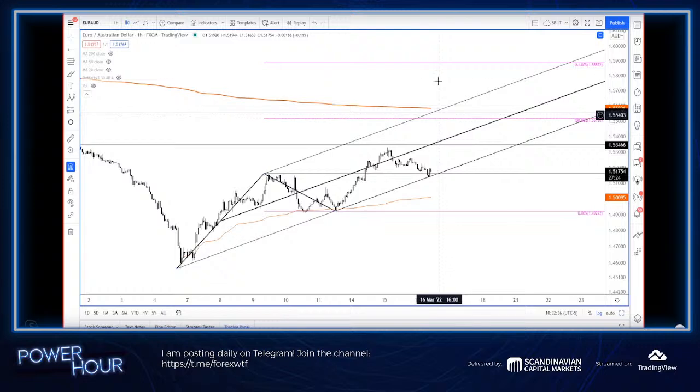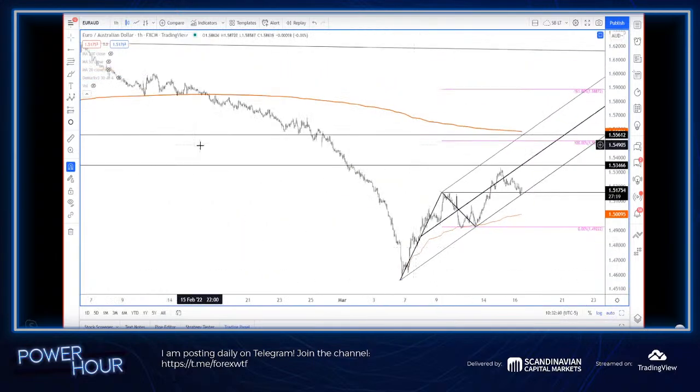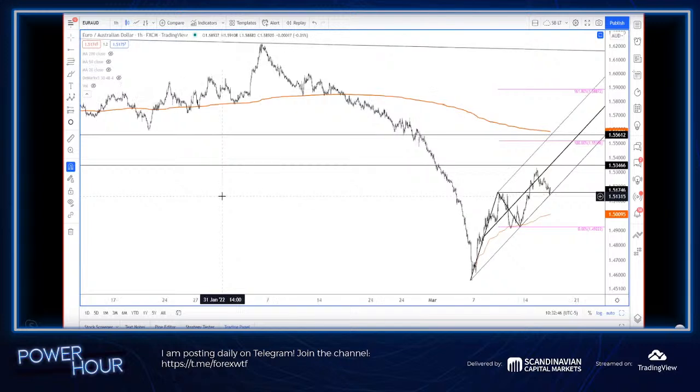I don't know, just an interesting spot. Me personally, I kind of stick with dollar crosses and play my opinion or view on those. And if I end up in a cross trade, like say I were long euros and short Aussie, then I am synthetically long euro Aussie. But it's just an interesting price chart here, right?